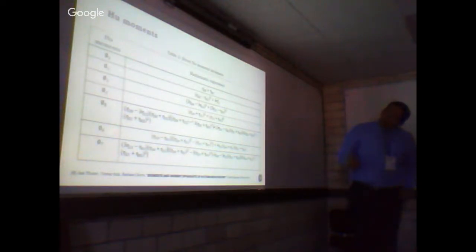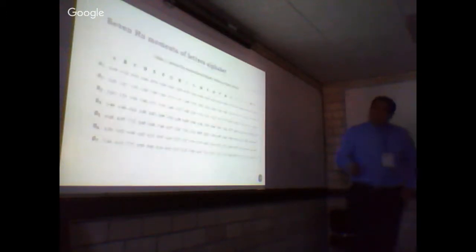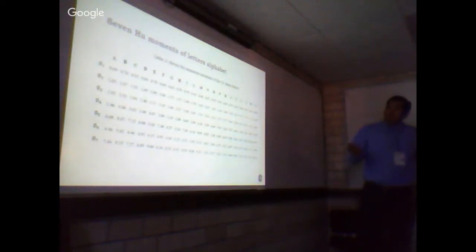We can see these seven Hu moments in the table, with their mathematical expressions. The result of applying the seven Hu moments to the images can be seen in table 3 for the 21 letters of the alphabet.